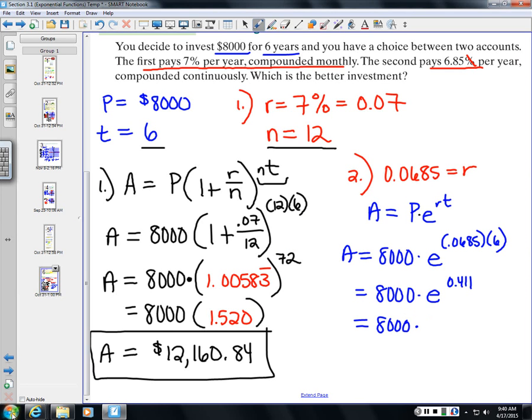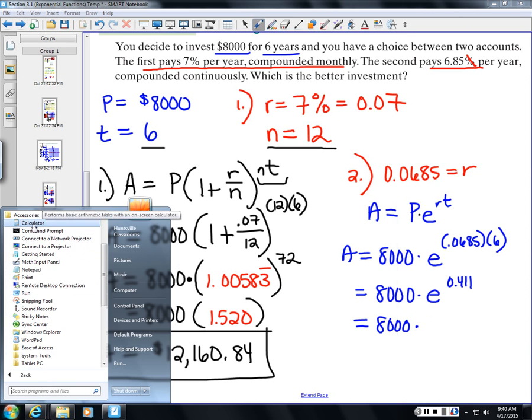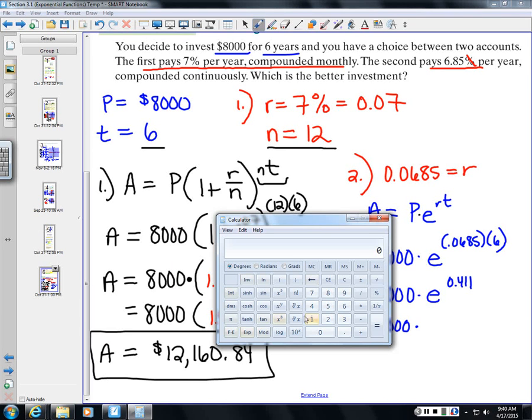Let me pull that calculator back up so we can follow that. That's going to be my 0.411, put that as the exponent to the e. Again, I have to work my calculator backwards and put in the exponent first and then put in the base of e. That's just the way my calculator works.